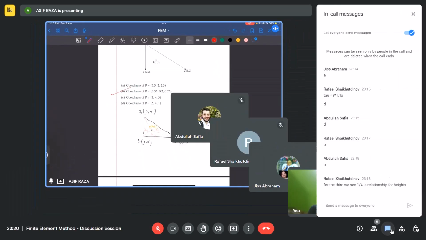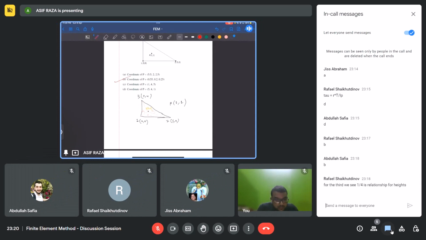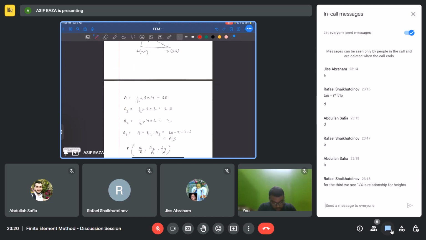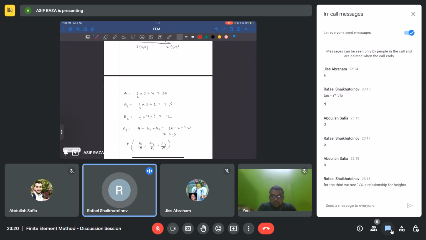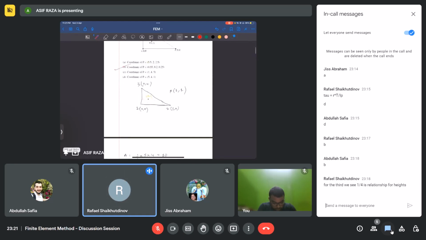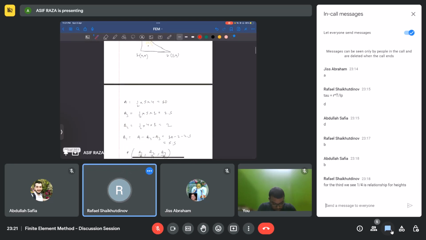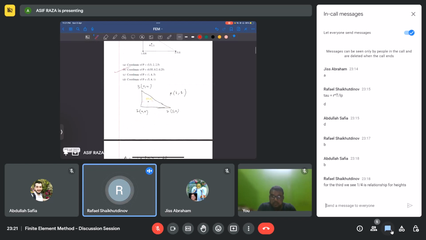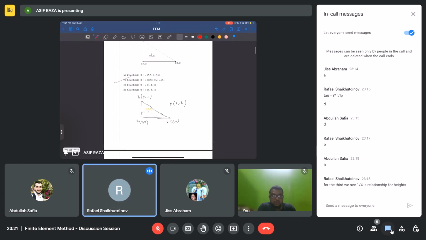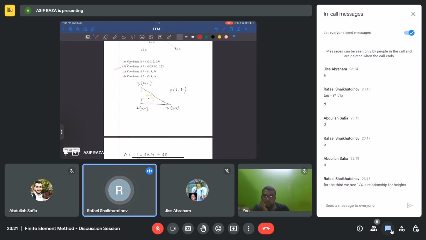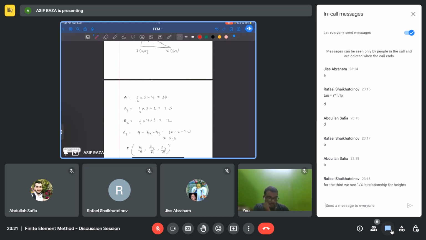Rafael has written something: for the third, the relationship for areas is the relationship for heights of the triangle, so we can see 1/4 for A3, a fast solution. Are you talking about A3?